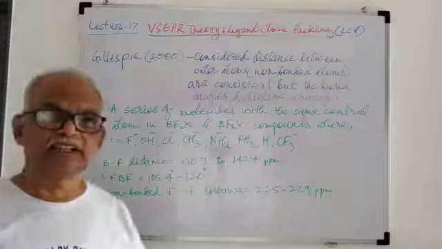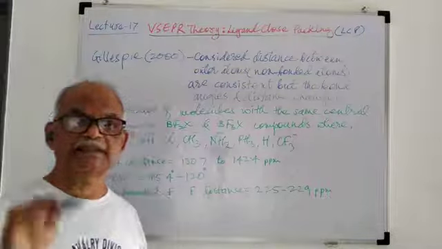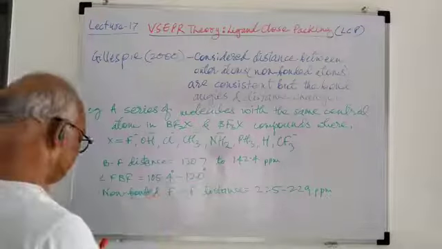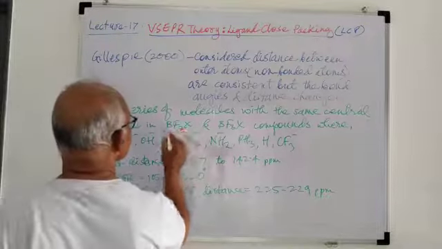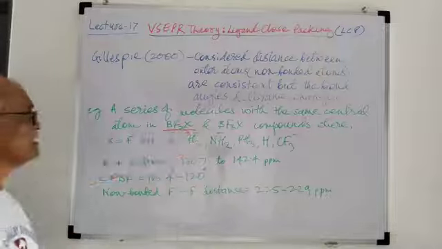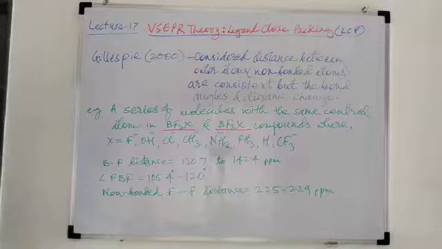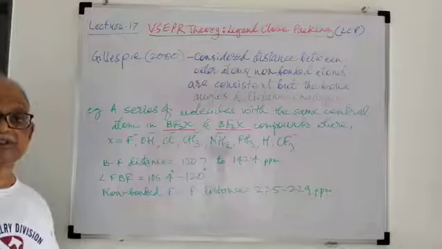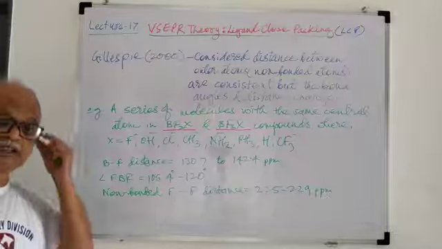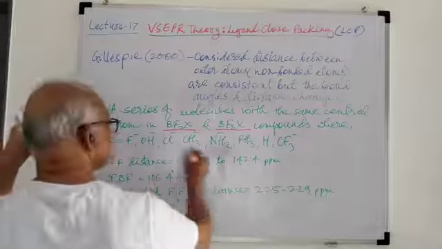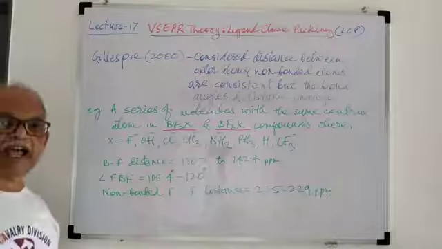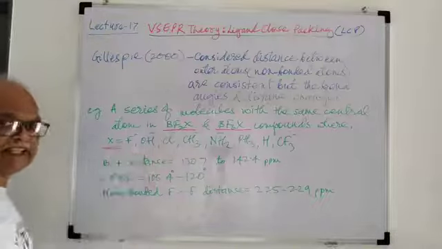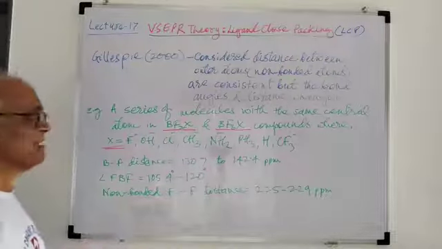For example, if we consider a series of molecules in which the central atom is the same, but the outer atoms are different, then we consider two series, that is BF2X and BF3X compounds, where X is like F minus, OH minus, NH2 minus, hydrogen, NH, PH3, CF3, etc. We will take these examples later in the same lecture and discuss them in detail.